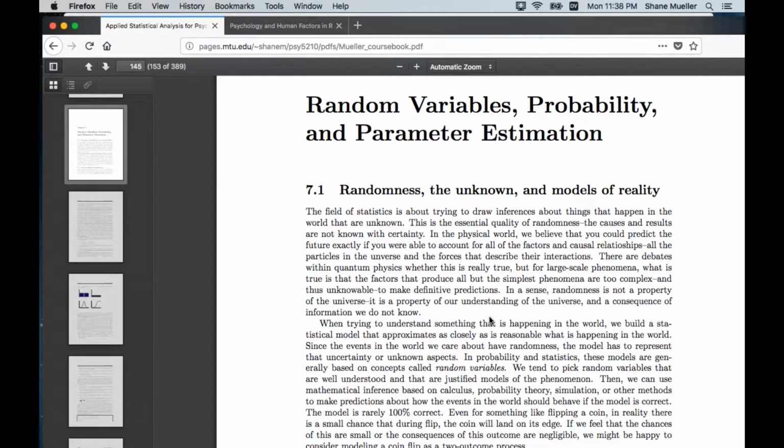When we're trying to understand something in the world, maybe the behavior of a person, maybe whether someone is going to visit a website, or whether someone who sees an ad on the website will be converted to a buyer, these are very concrete behaviors and events.